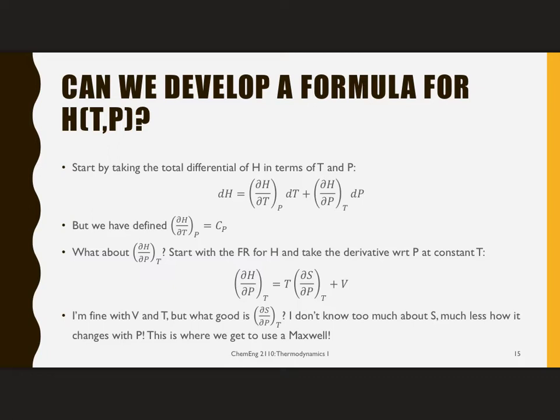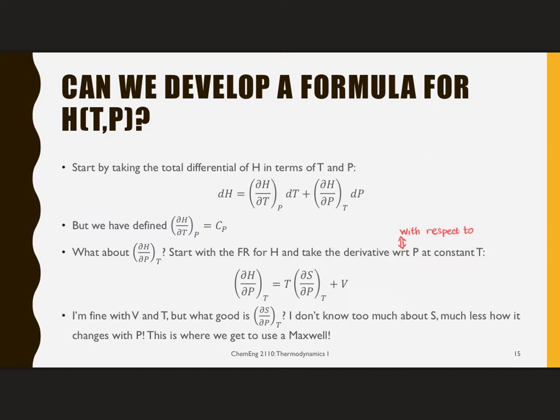For this, we'll go to the fundamental relations. For dH equals TdS plus VdP, we want to, instead of the differential form, recast it in the derivative form with respect to P at constant T. In this case, it gives us dH/dP at constant temperature equals T dS/dP at constant temperature plus V times dP/dP at constant temperature, but that's just one.